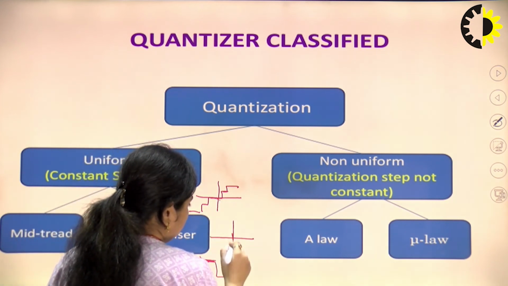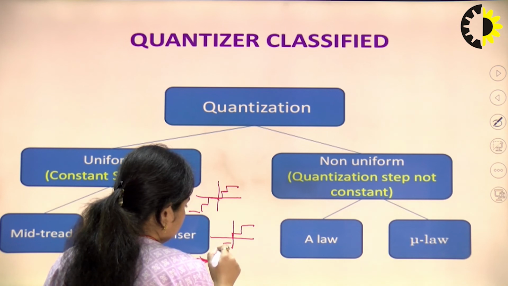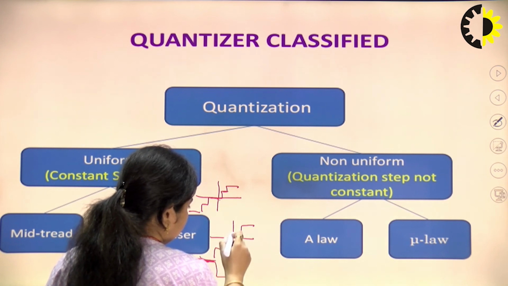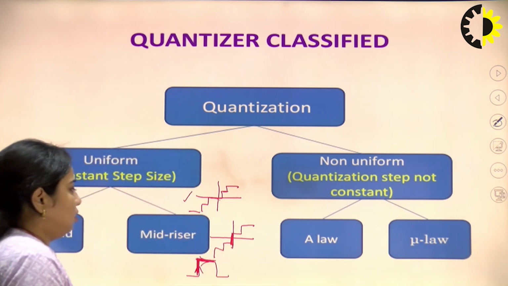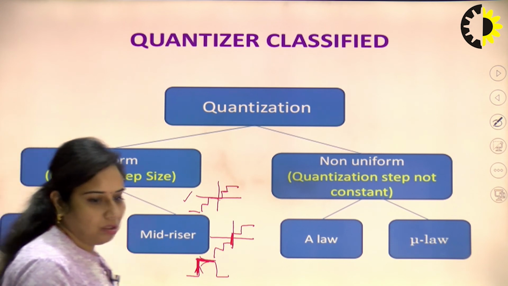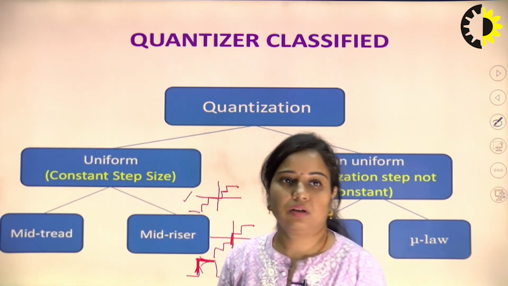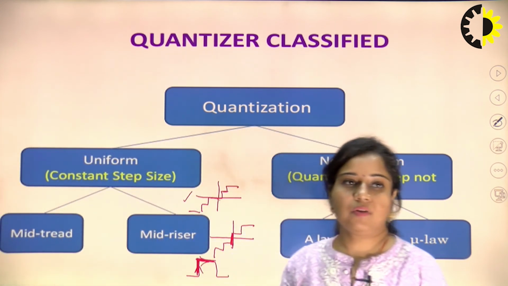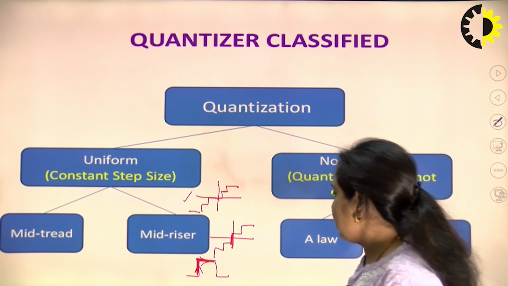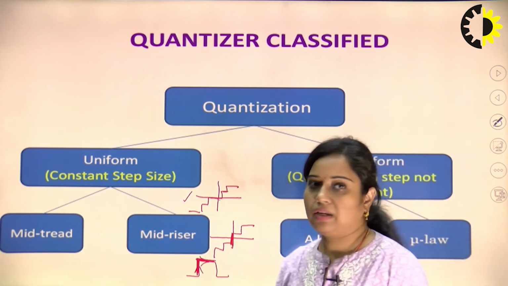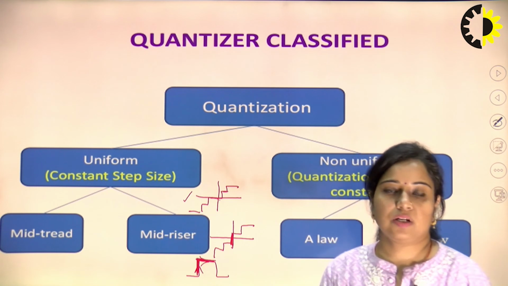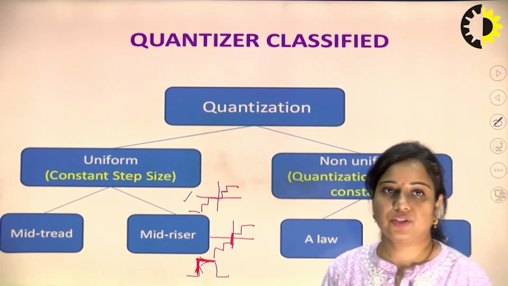But when we are talking about mid riser, then this is how the pulse will be, it will be at the rising edge of the pulse. So, this is how we are going to draw, and you can see that the delta will be fixed in every case.